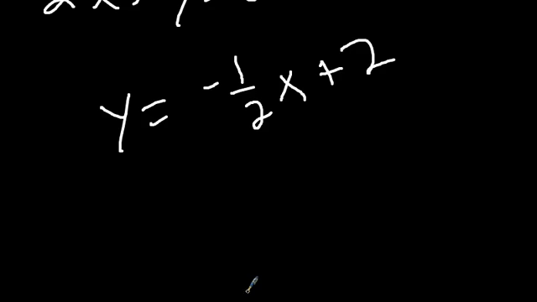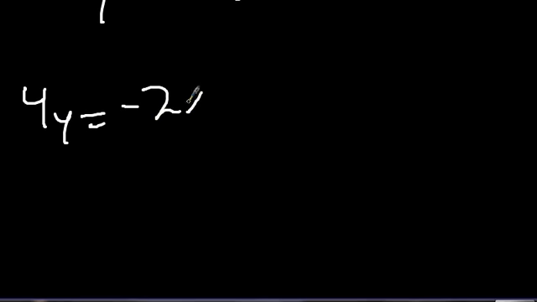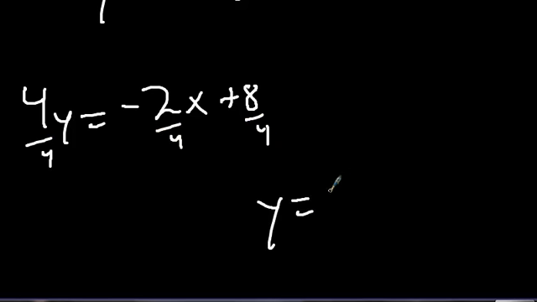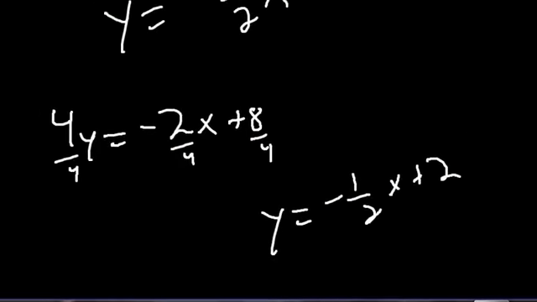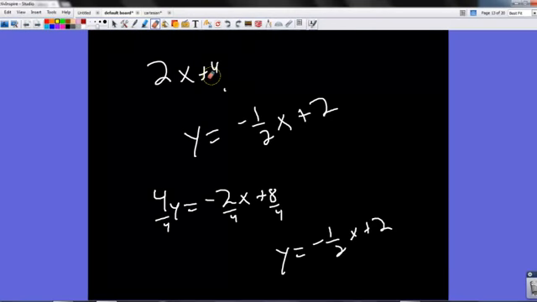First of all, slope-intercept form. So this one's good, this one's not. So let's see, 4y equals negative 2x plus 8, divided by 4. y equals negative 1/2 x plus 2. So this has been rewritten now.